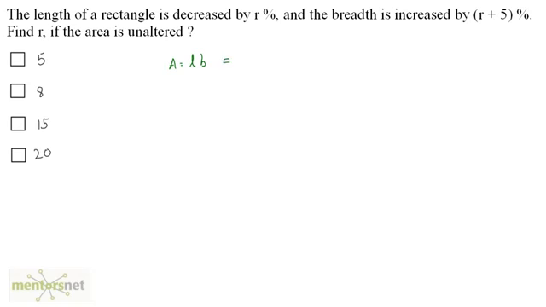So this is equal to, the length is decreased by r%, so I can write 100 minus r% of length, times the breadth is increased by r plus 5%. So it can be written as 100 plus r plus 5% of the breadth.